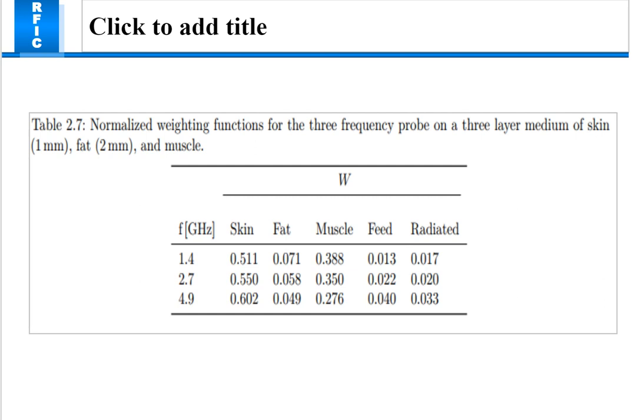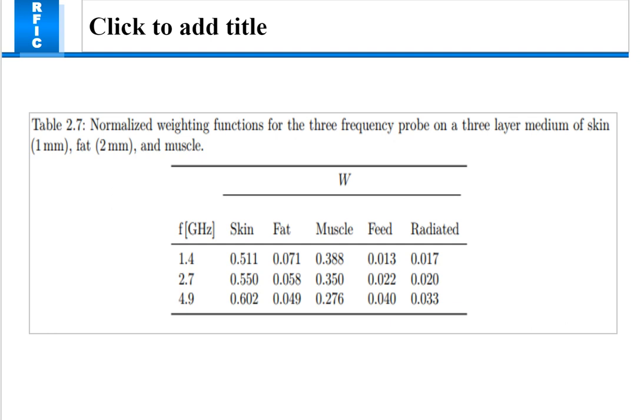This is the three-layered model which was used in all the probe designs to measure the temperature. The normalized weighting function is for the three-frequency probe on three layers, and the medium of skin was 1 millimeter, fat was 2 millimeter, and muscle, with skin, fat, muscle, feed, and radiator, as all the labels are mentioned in this figure.